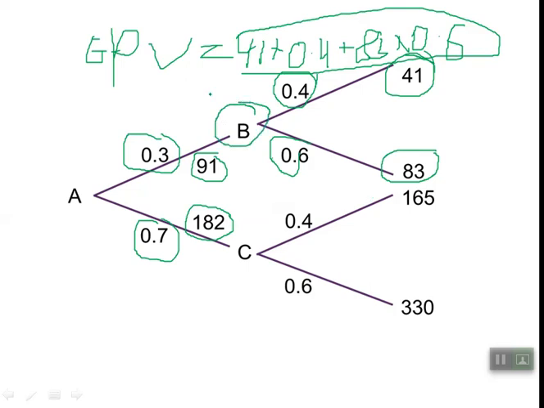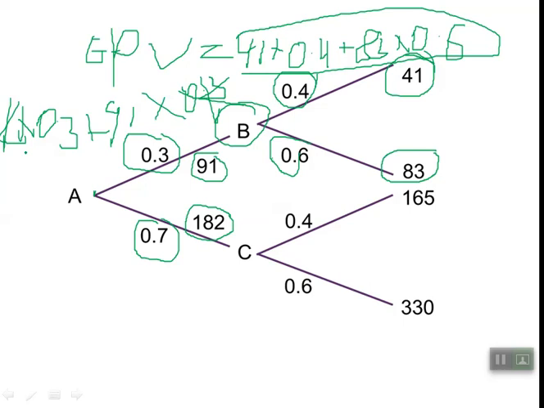Now, the figure you are getting here from this one, let's call it K. So to get the value here, or the present value when you are here, we are going to get what we have got here, which is K, times 0.3, plus this cash flow, which is 91, times 0.3.